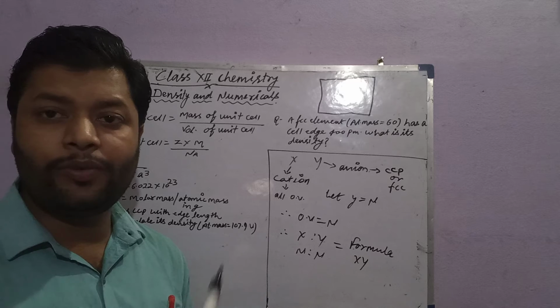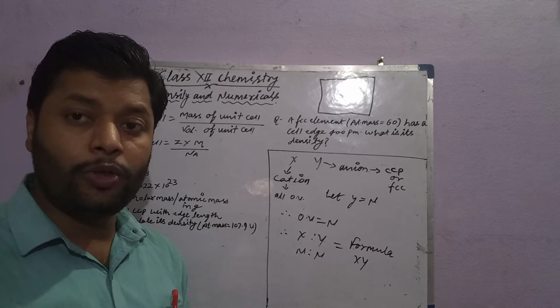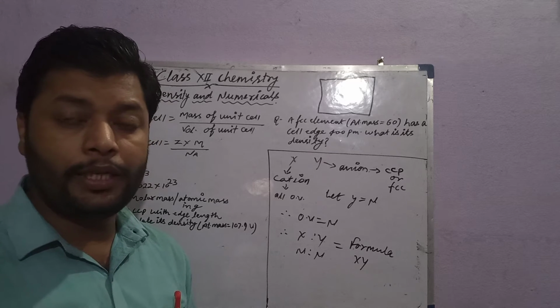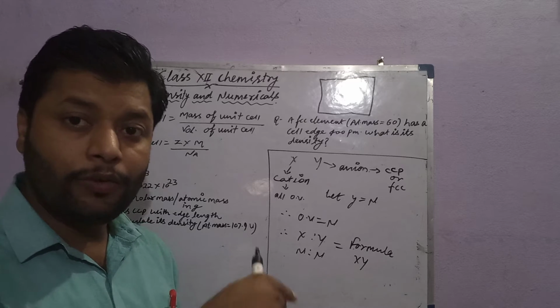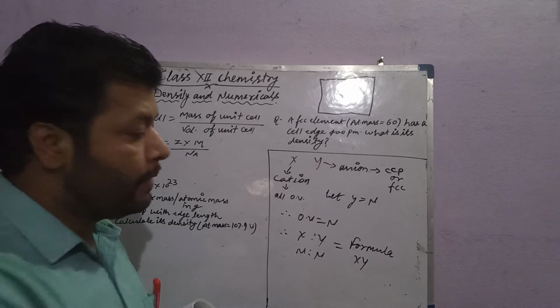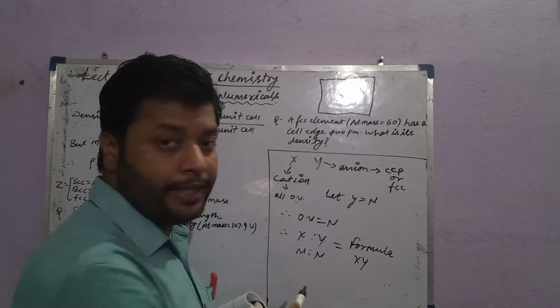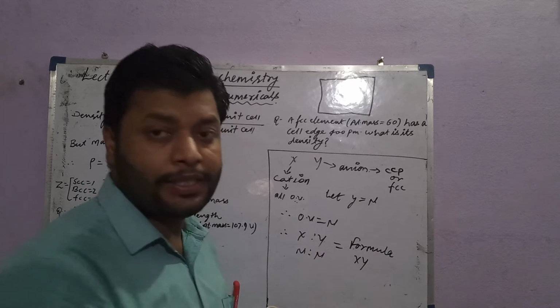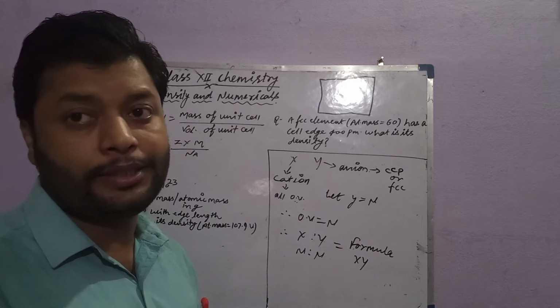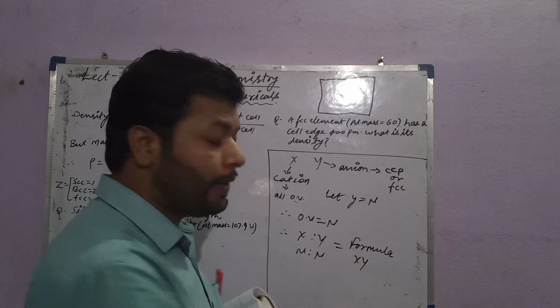So the formula of the compound, because octahedral voids and the number of anion particles are the same, will be XY.